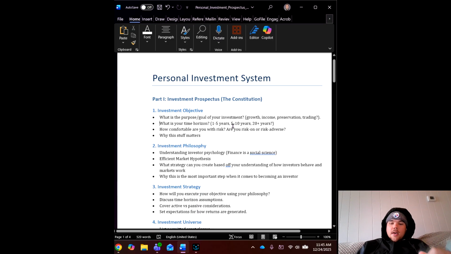Or it could be you're investing for 20 years, you're investing for retirement, or you're investing for just having extra money down the road, but you're comfortable with being in the market for such a long time.